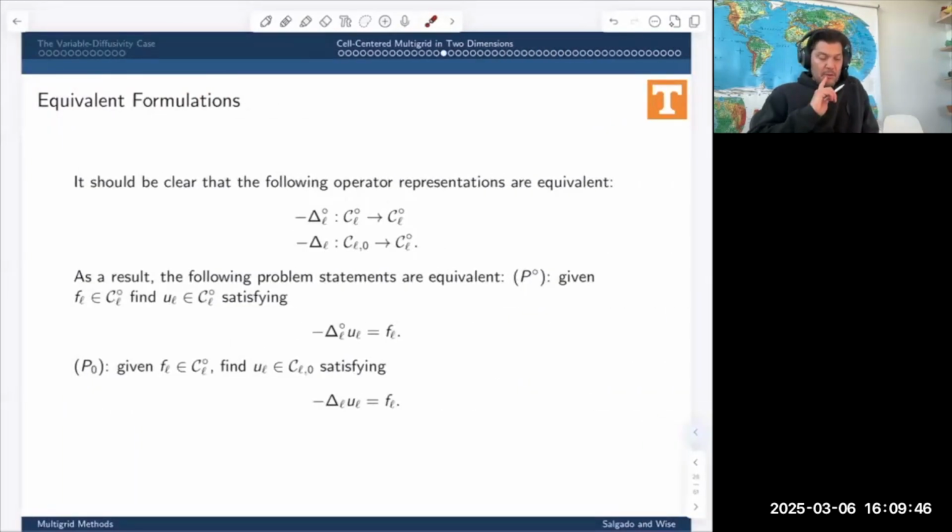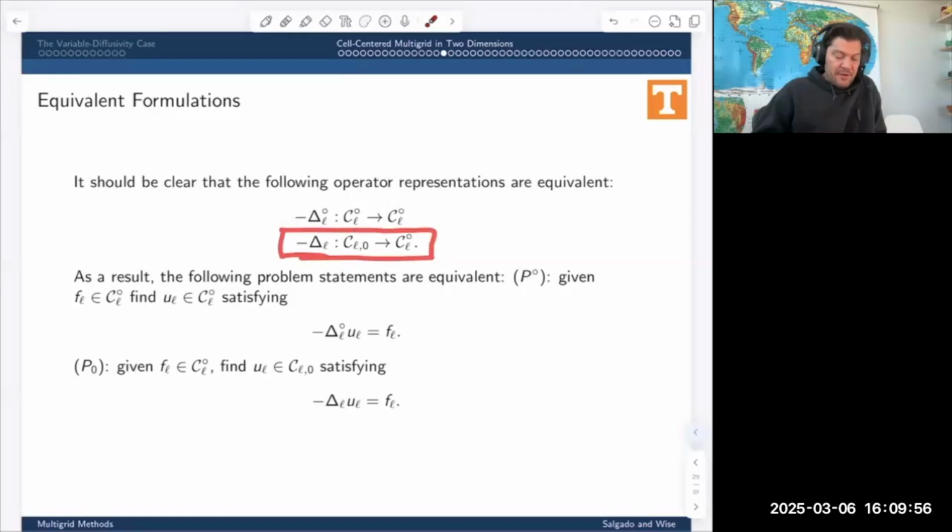So last time we also talked about 2 different ways of formulating the exact same problem. The first formulation was the most natural, where I don't modify the stencil, I just tell you what the stencil is. I assume that I'm applying it to a function that has the correct homogeneous Dirichlet boundary conditions, discrete version, and that maps you to a function which has values only in the interior of the cell-centered mesh.